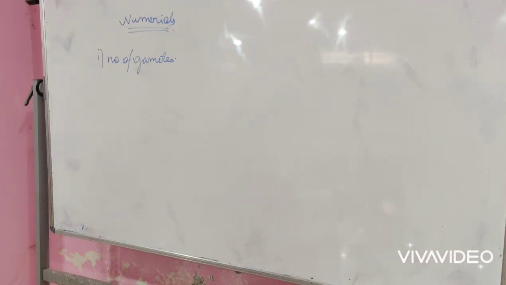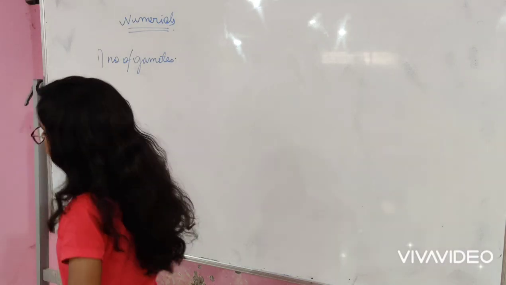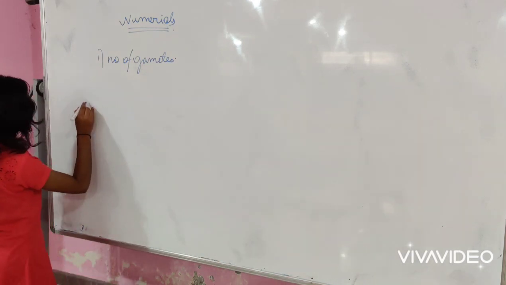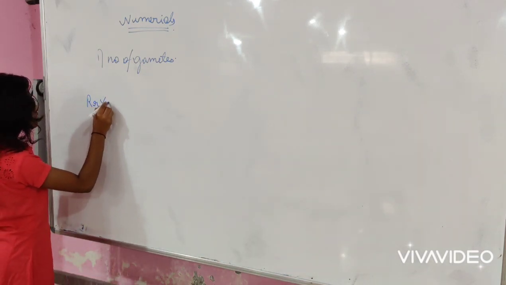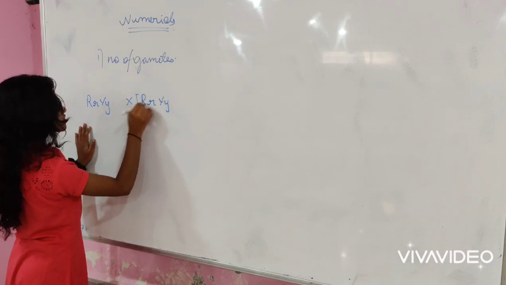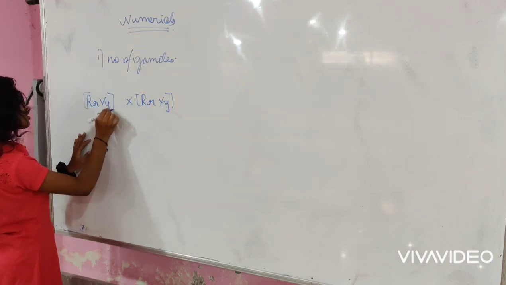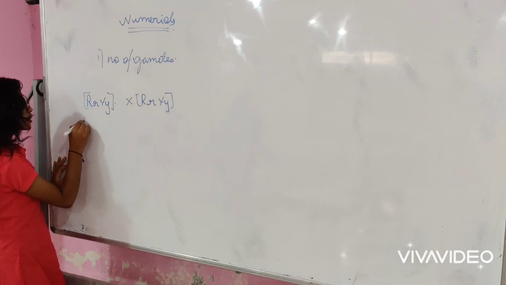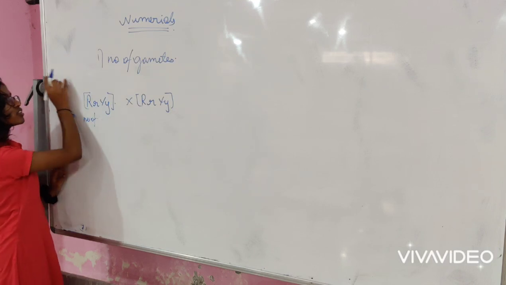And then we have the number of progeny, zygote, or offspring combinations. Suppose we have two parents, RrYy, we do it for monohybrid, so dihybrid. Then you have a better understanding. Here you have to find the number of gametes first.